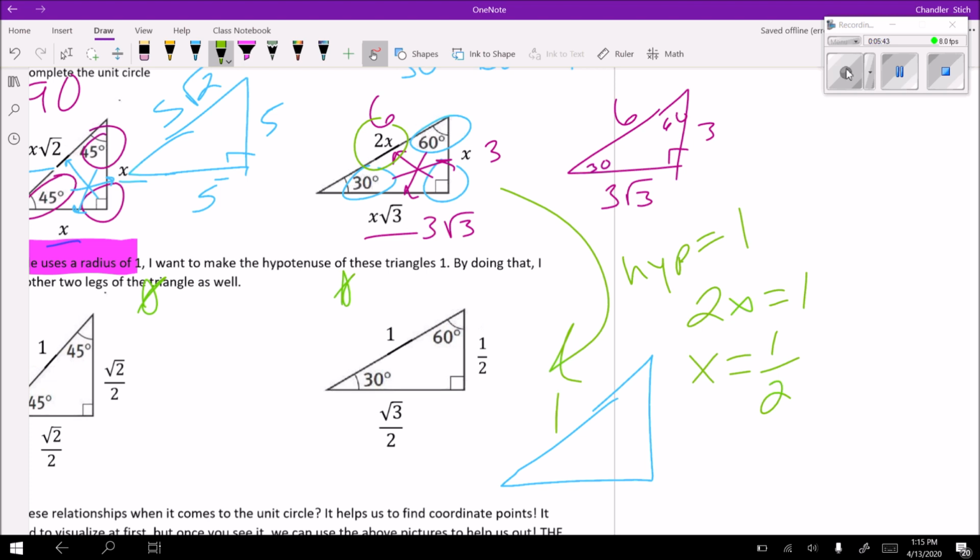Then I know that x is 1/2. Where's x? x is on one of the legs, crossing the 30, so this would have to be 1/2. And then I know that this bottom portion has to be x root 3. So what is 1/2 times root 3?